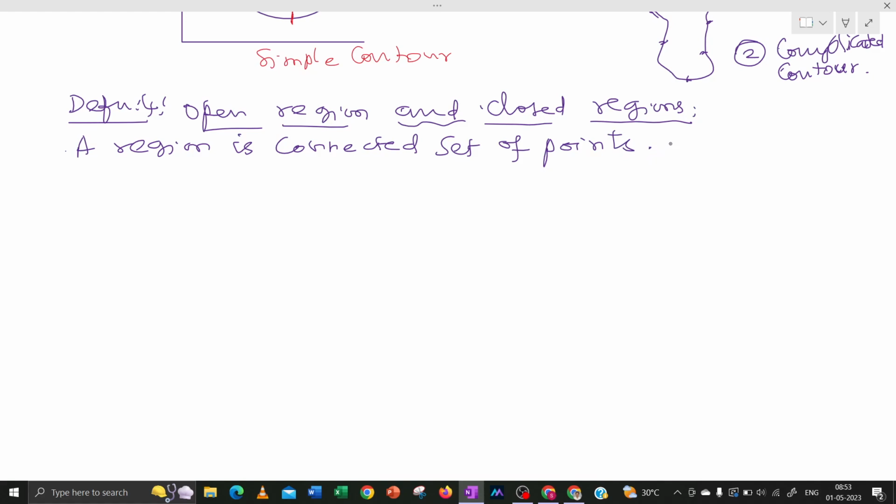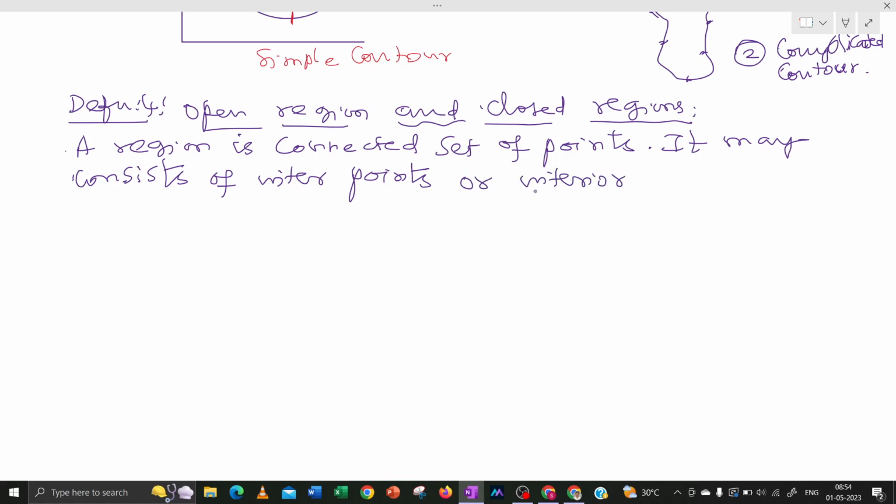It may consist of interior points or interior and boundary points.